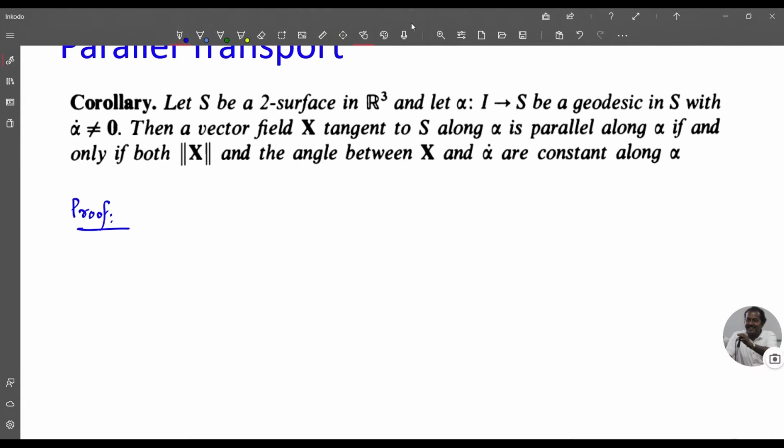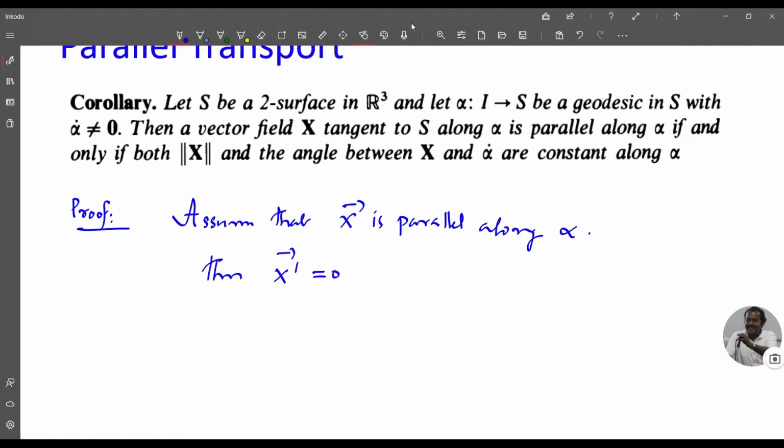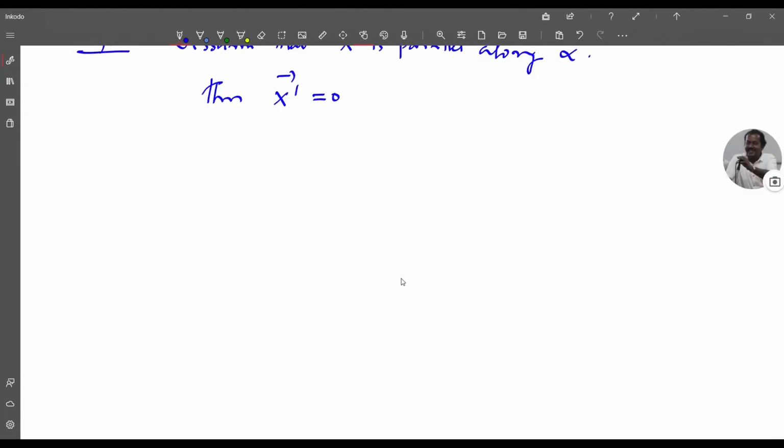Proof. Assume that X is parallel along alpha. Then X prime is 0, or the covariant derivative of X is 0. Now d by dt of norm of X square is equal to d by dt of X dot X, so this is X dot X whole prime.